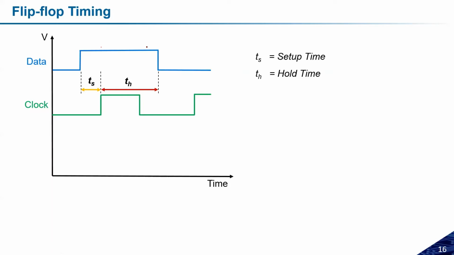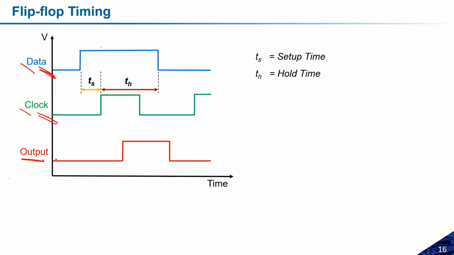The third important parameter: once we have the data input and we have activated the clock pulse, the output will be reflected after some time. Let us see the output getting reflected something like this.